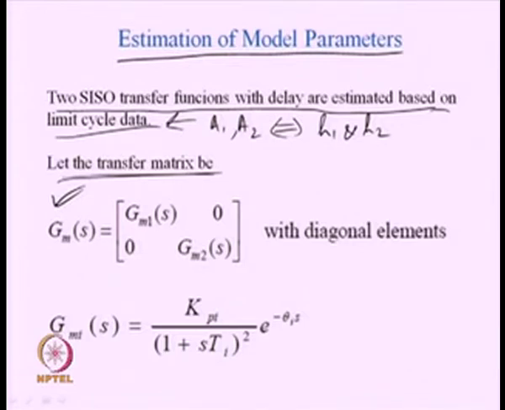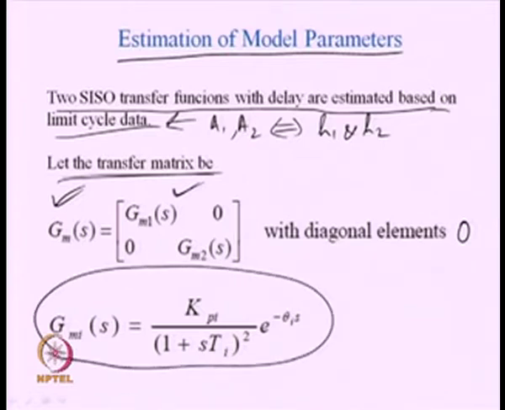with off-diagonal elements 0. Okay. Now, the two transfer functions in general form can be represented by GMi(s) is equal to Kpi upon (1 plus s Ti) squared, e to the power minus theta i s. So, for i equal to 1 to 2, I will get two transfer functions.